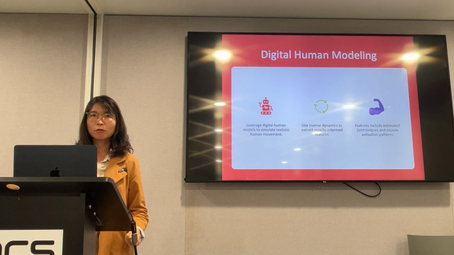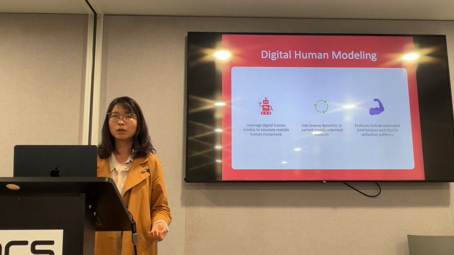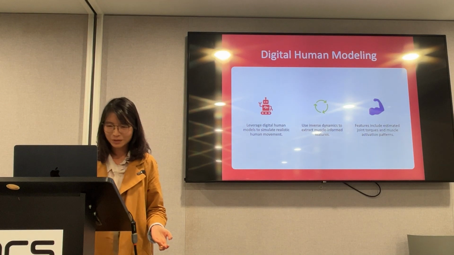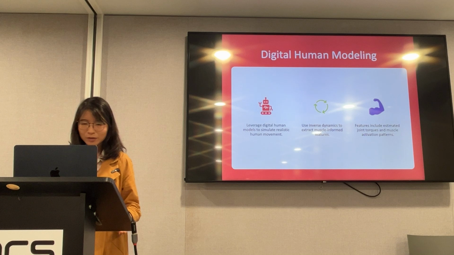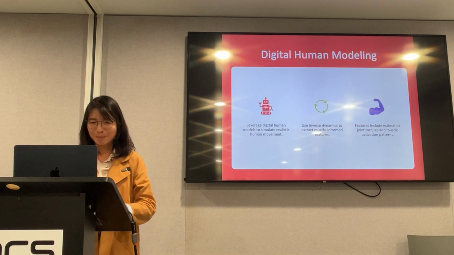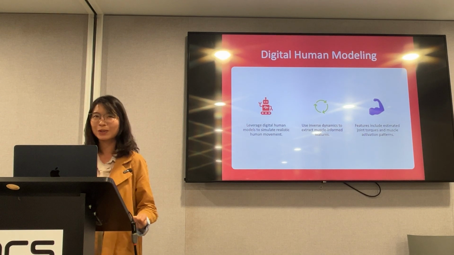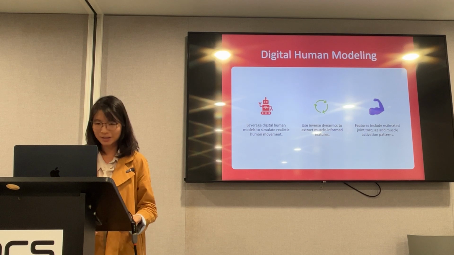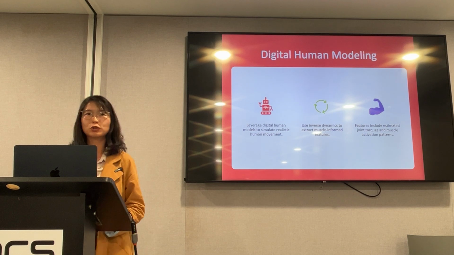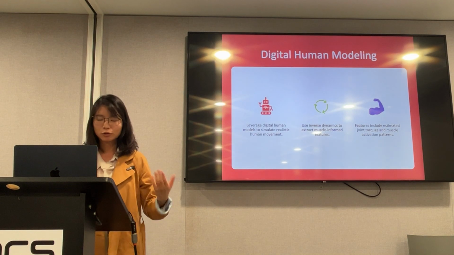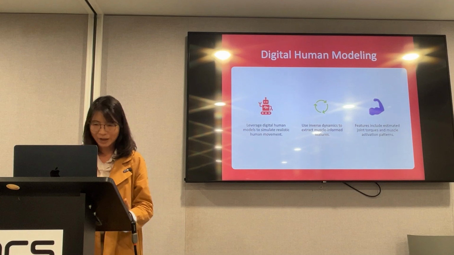In terms of incorporating this kind of muscle information, the ideal way is to apply a digital human model to simulate realistic human movements, such as using the OpenSim software to do that.